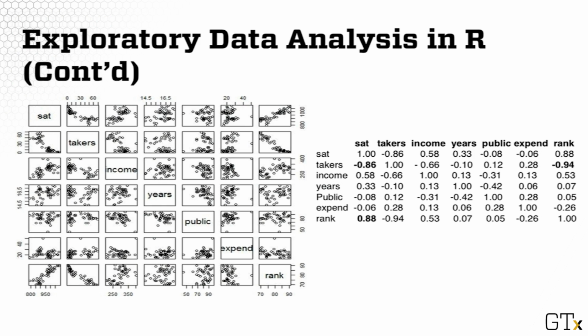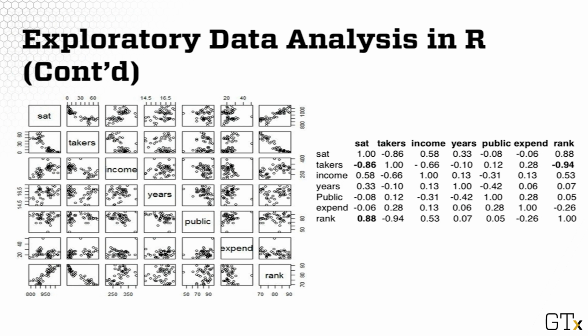Since subtle trends are often difficult to identify in the scatter plot matrices, sometimes a correlation matrix can be useful. From the correlation matrix for this data, we note that both the income and the years variables have moderately strong positive correlations with the response variable SAT.